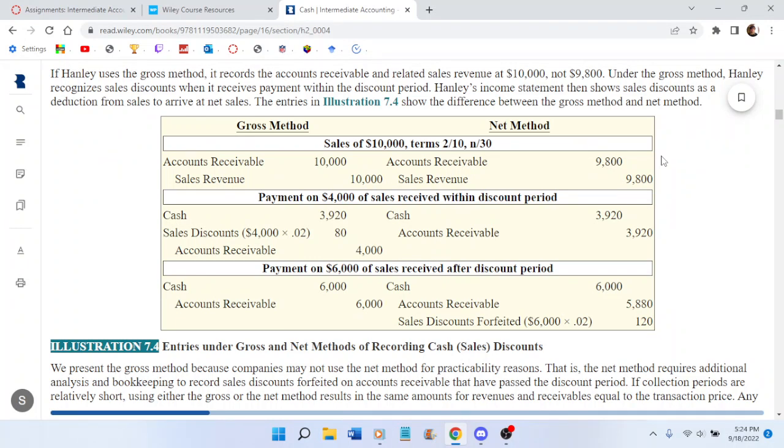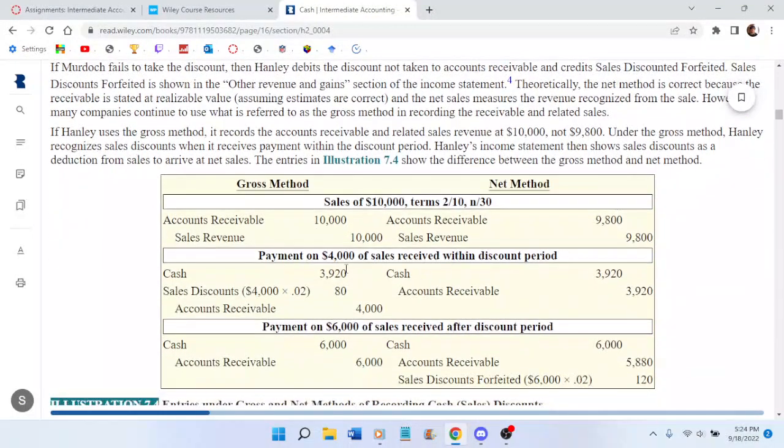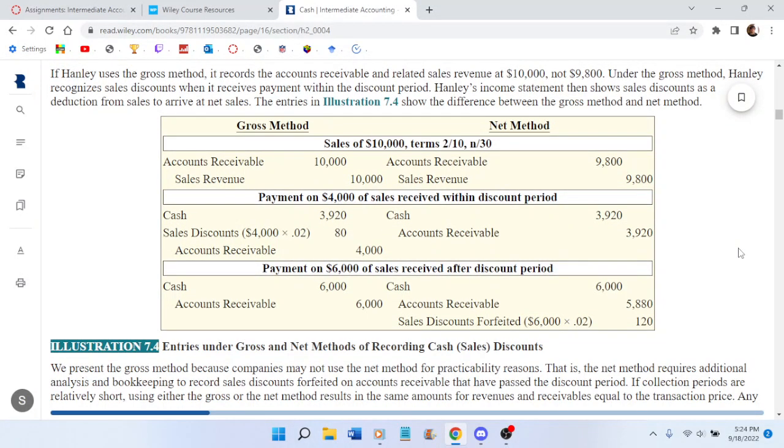Accounts receivable, sales revenue, payments on 4,000. What? What on earth? They're describing something that they did not describe at all, which is that the customer is giving two separate payments. Okay, so then they paid $4,000, so they received a 2% discount on that amount.